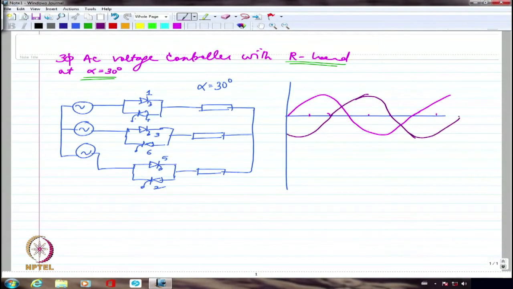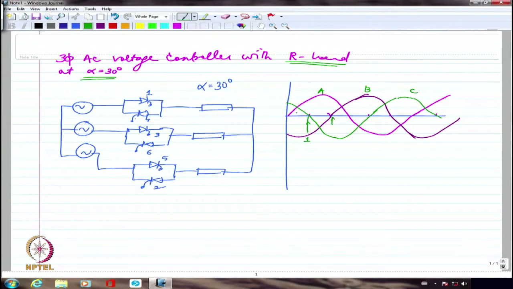And the third phase, which will go along somewhat like this. So this is A, this is B, and this is C, and we are firing at 30 degrees, which means we are going to fire one here.